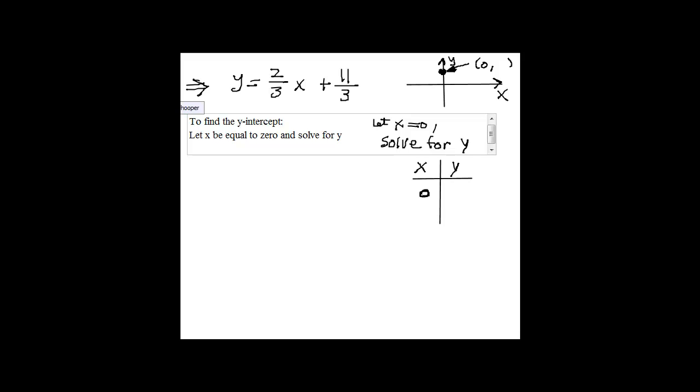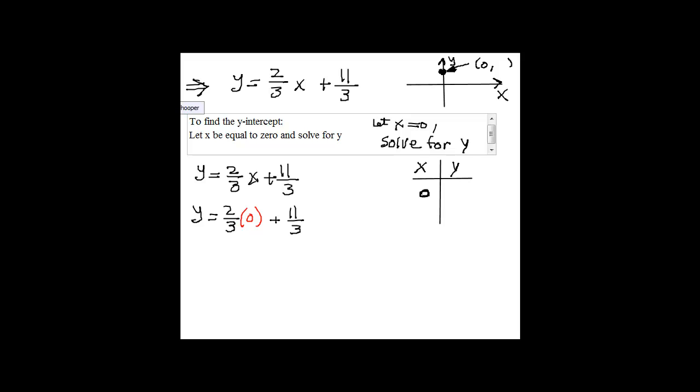If x equal to 0, okay, so let's see. We have y is equal to 2/3 x plus 11 over 3. You're going to let x equal to 0. So y is equal to 2/3 times x, which is 0, plus 11 over 3.